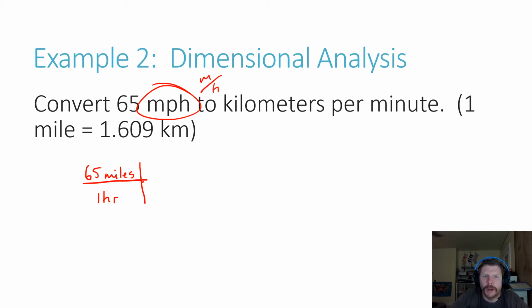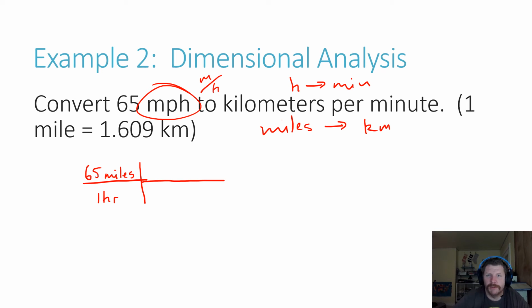So 65 miles per hour, what I need to do is convert it to kilometers per minute. Okay, so now we have two dimensions that we're converting. We're converting hours to minutes and miles to km. Okay, now I'm going to go ahead and start with my time dimension.